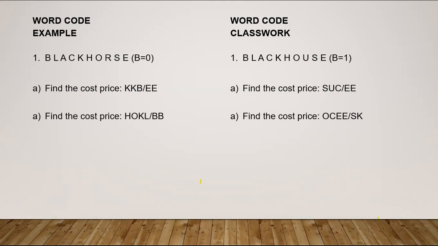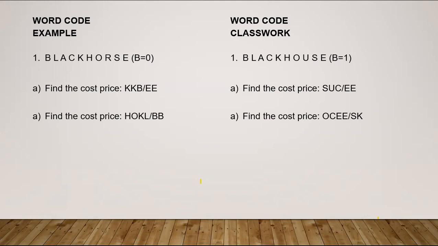It means that if B is 0, L will be 1, A will be 2 until you get to 9. Now, the numbers must always be between 0 and 9. I repeat, the numbers must always be between 0 and 9. So you can't have 10, 11, 12 here. It must be between 0 and 9.